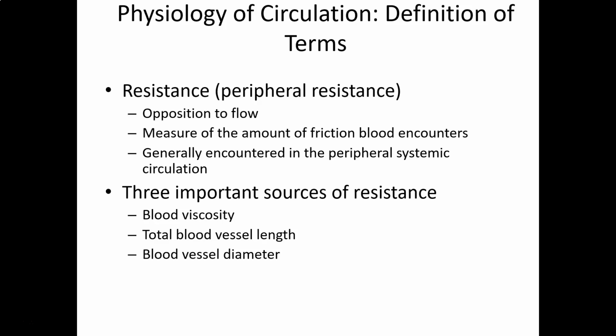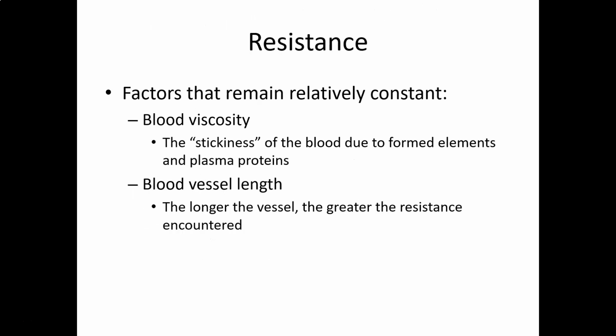And in terms of blood, there are three sources of resistance, three things working against blood flow. The first of them is viscosity. Viscosity is how thick the blood is. The thicker your blood is, the more resistance you encounter, the harder it is to get blood to move.